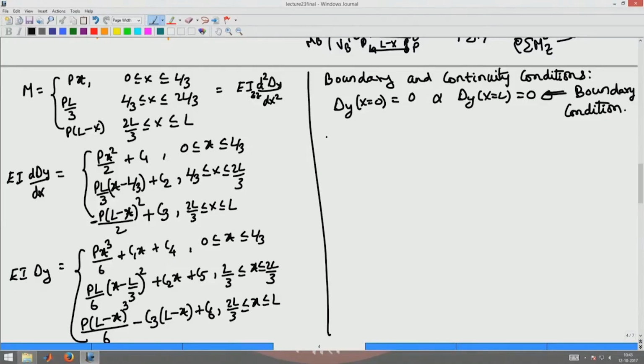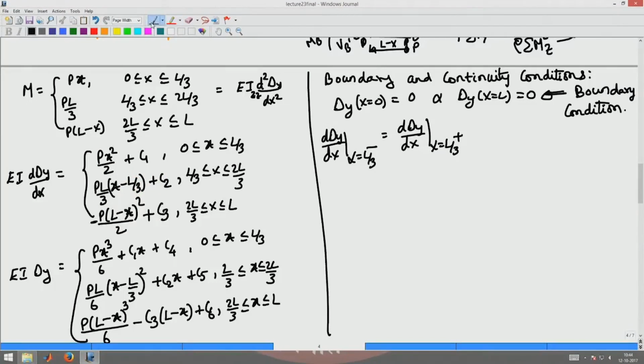Since the second derivative exists, the first derivative also has to be continuous, which means d delta y by dx at x equal to L by 3 minus, that is to the left of L by 3, must be equal to d delta y by dx at x equal to L by 3 plus, that is to the right of L by 3. To the left means I use this equation to compute d delta y by dx, and L by 3 plus means I use this equation to compute it at L by 3.